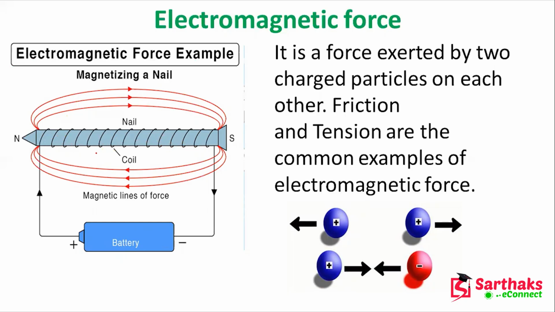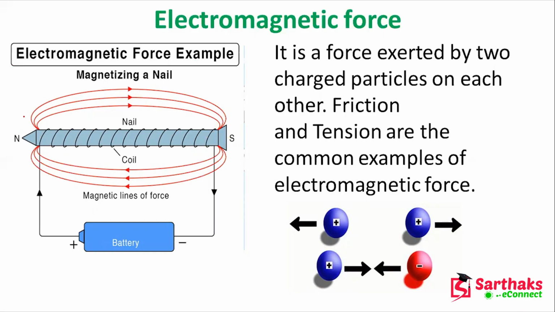At that time, if you switch on or connect this battery, you can see that some magnetic lines of force will be here, and it is very important. See this picture very carefully. The magnetic lines of force are coming out from the north side and penetrating into the south side.